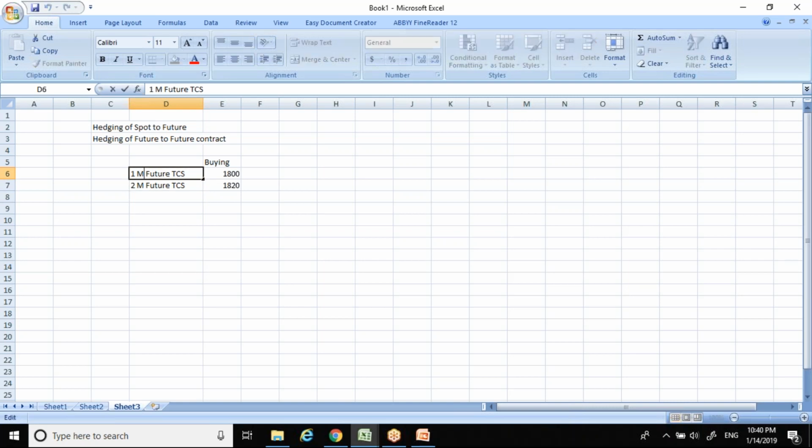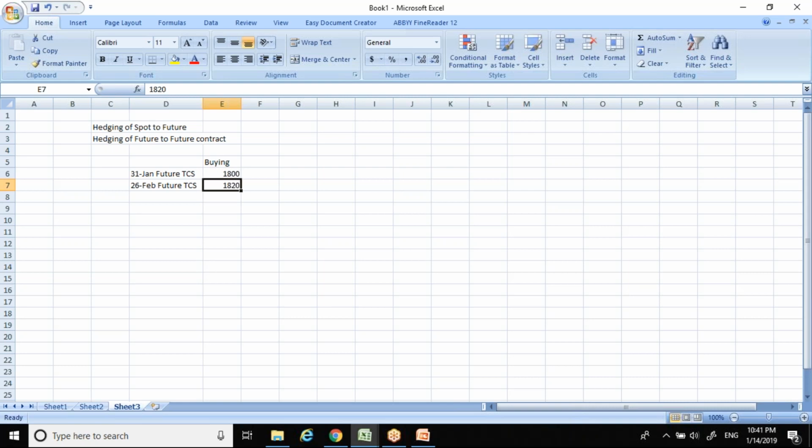Let's suppose the first is going to expire on 31st January, and the second on 26th of February. So we have the same underlying asset, TCS shares, and we are buying the 31st January contract at 1800.